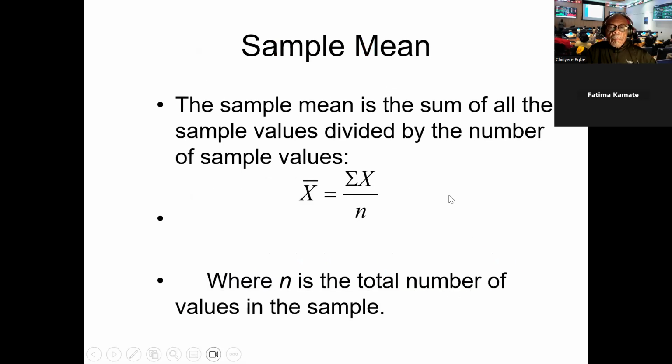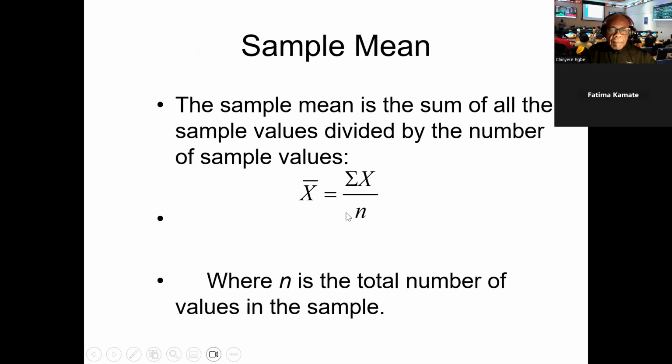Okay. Now, the difference between the population mean and the sample mean simply means that instead of looking at the entire population, you take a sampling from that population. And so we use X bar as a way to symbolize the sample mean. Again, the same formula, the summation of the values in the sample divided by the sample size.